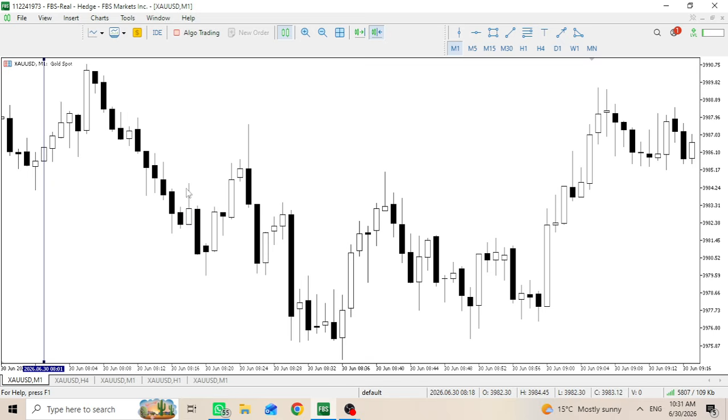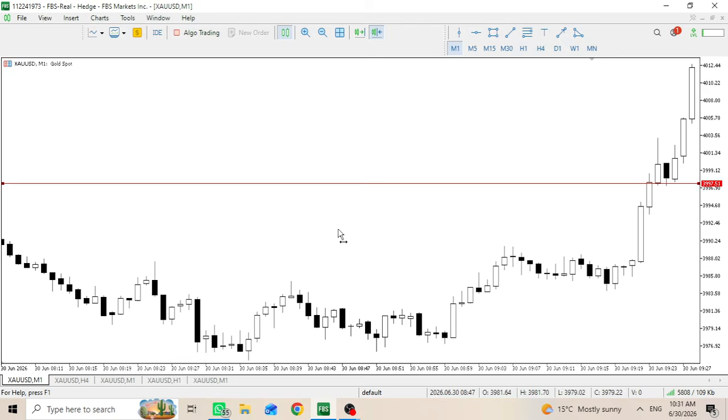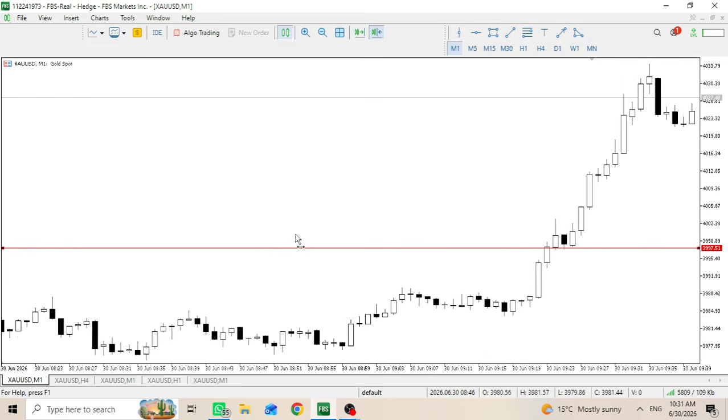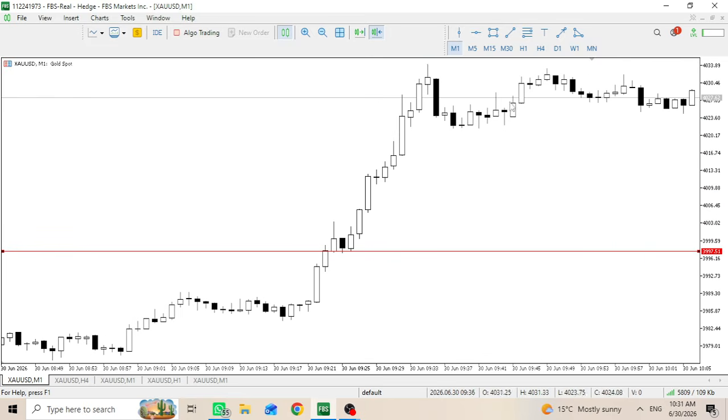Make sure it closes below the opening price. Even this, make sure after it takes out that high, it has closed below the opening price, like this one. It should close bearish. Are you getting that?